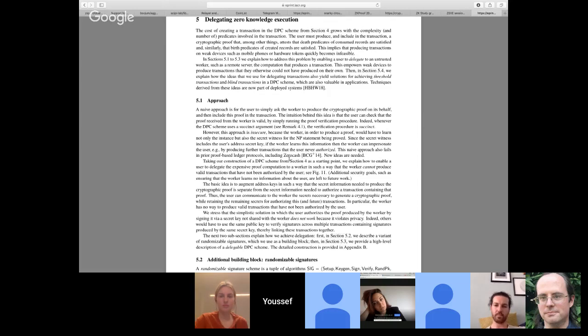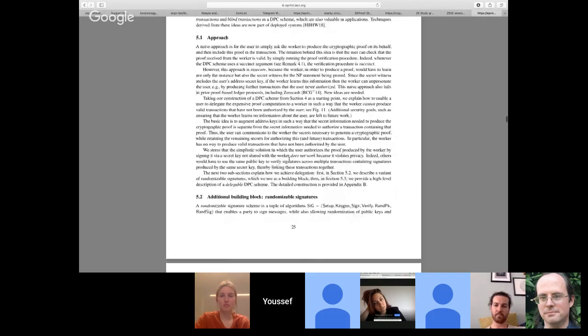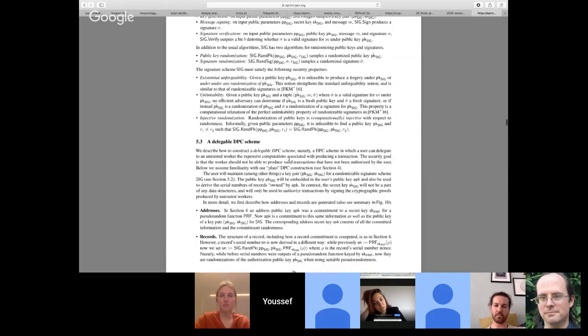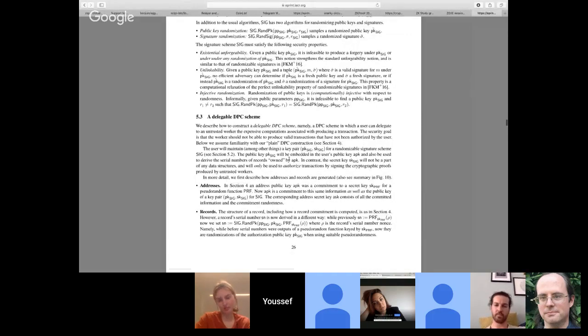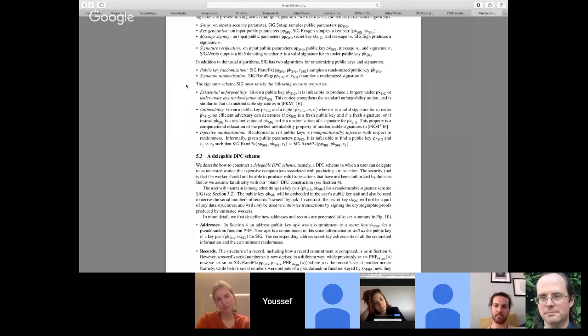Now for those randomizable signatures, what we want them to achieve is: you have a public key, you derive from this public key another public key that you cannot link back to the original one, and the same way you have a signature, you cannot link it back to the original signature.